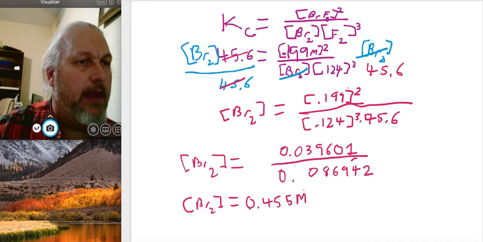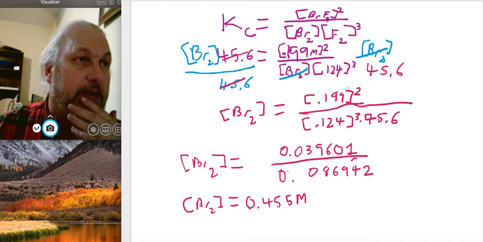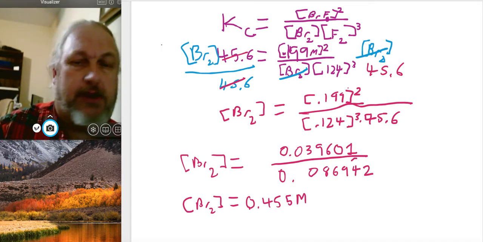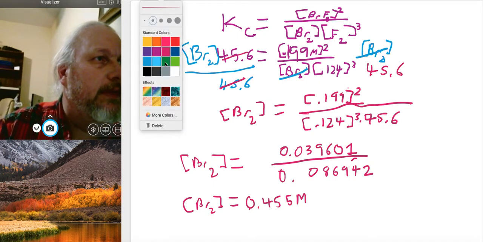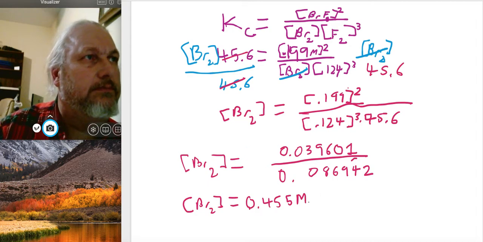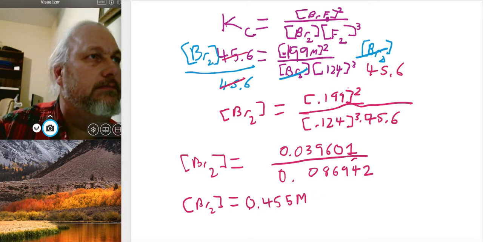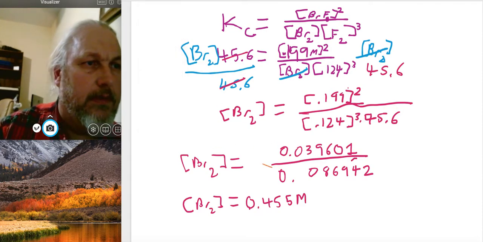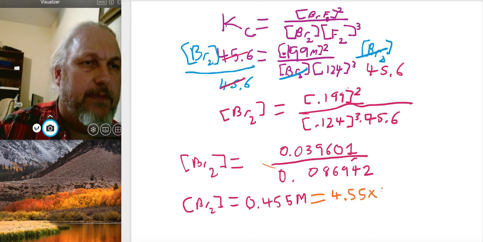molar. If I wanted to express it just like they gave it to me, with 1.99 times 10 to the minus 1 at the beginning, that is the same thing as 4.55, with three significant digits, times 10 to the minus 1 molar.